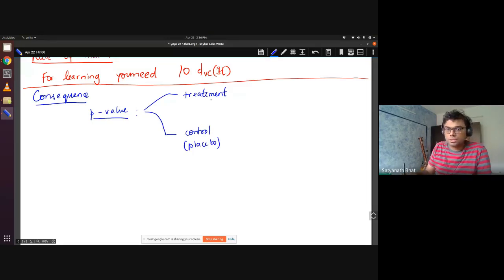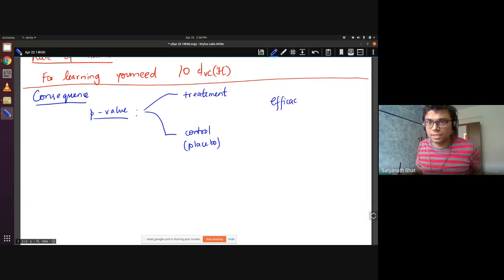And then you measure some kind of performance, like body temperature or blood pressure or a health result, whether that person survives or dies and things like that. Once you look at this experiment, you get one number, which is called the efficacy of the drug.